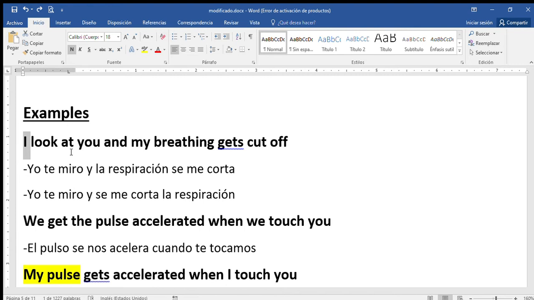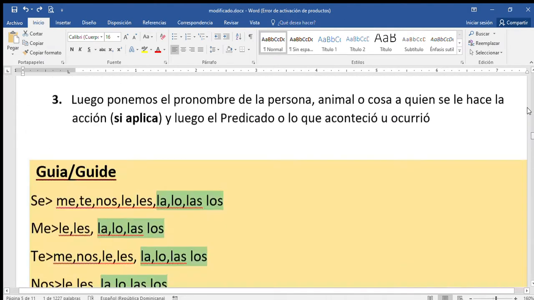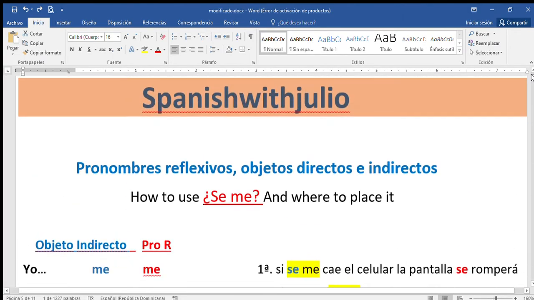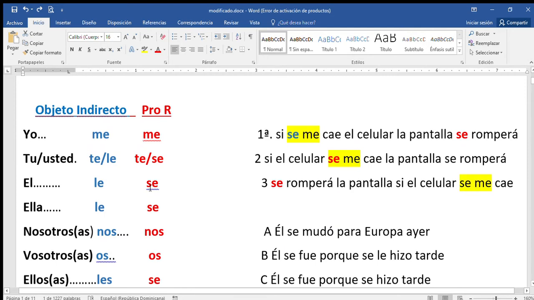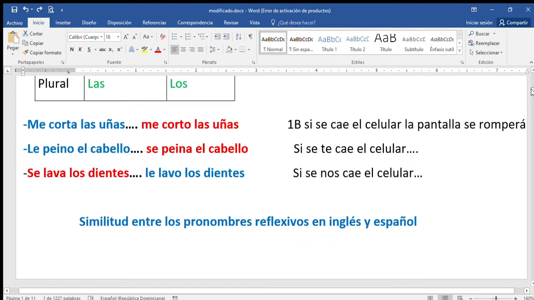If it's positive, then you're going to put the pronoun for that somebody. So when you say "I look at you and my breathing gets cut off," you are saying "yo te miro." So we mention the subject we are talking about, la respiración, and then we put the corresponding pronoun. What is the corresponding pronoun? It's "se," because the breathing is the third person, and the reflexive pronoun for the third person, él o ella, is "se."